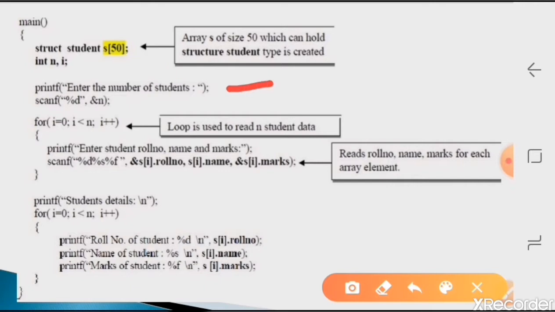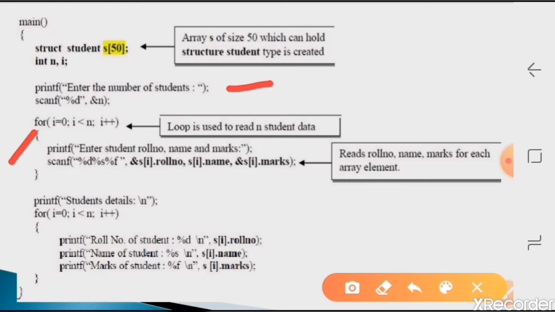We write one printf statement asking how many students' information he wants to give, and in scanf that number is read into variable n. Then the for loop runs from index 0 to n minus 1, so it takes n students' information in total.